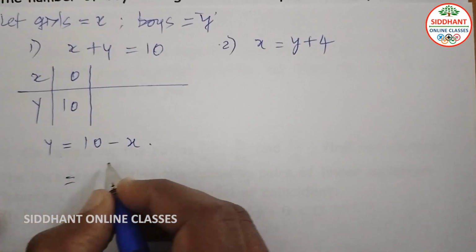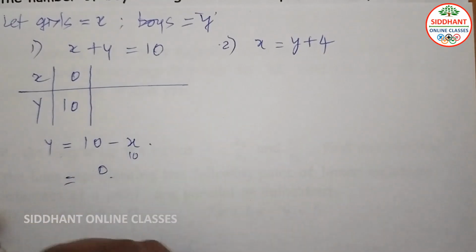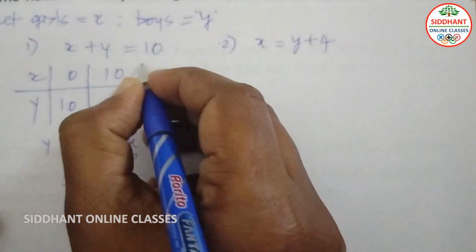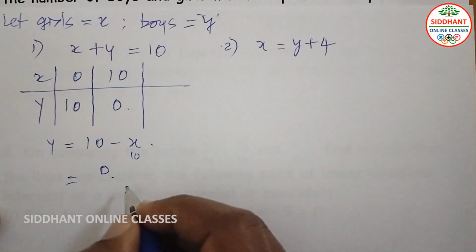Next, if you keep 10 in X place, then Y will be 0. So these are the values.